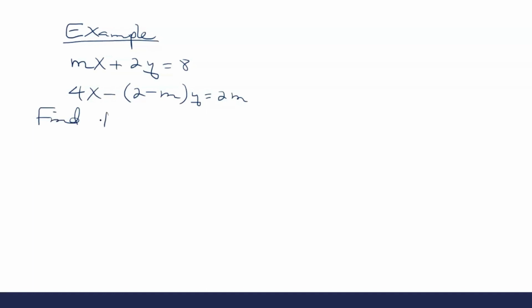So let's take this example: mx plus 2y equals 8, and 4x minus (2 minus m)y equals 2m. I want to find the value of m. That's the first thing we have to do.